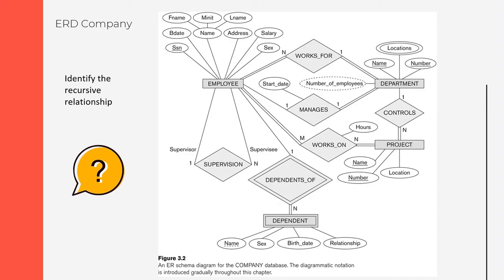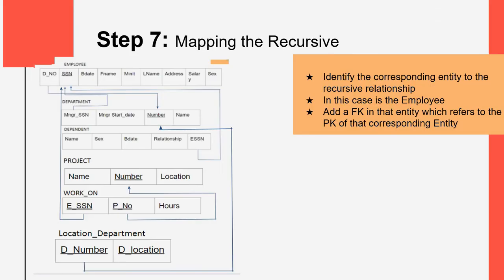So let's identify where the recursive is. The recursive is here, supervision, with the corresponding entity being the employee. So we go to the employee. We just rename the SSN as super SSN.